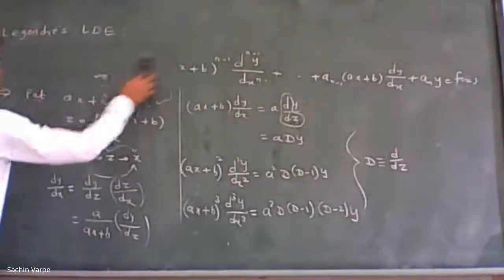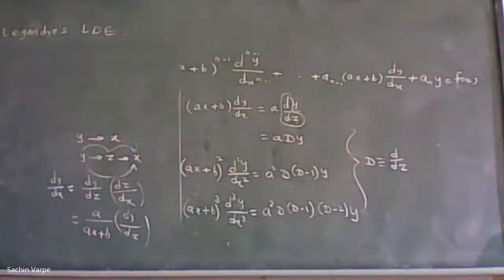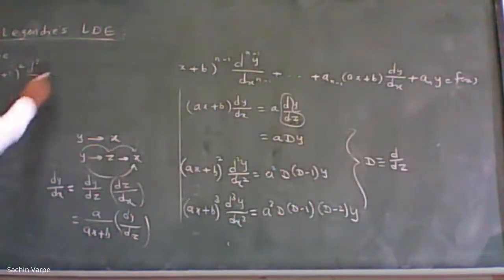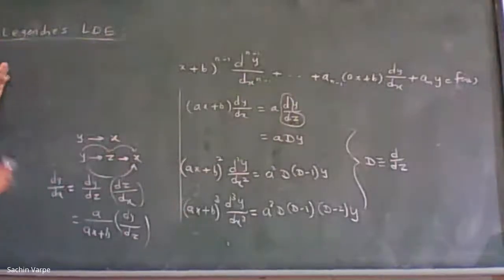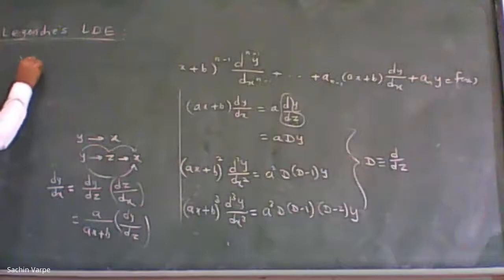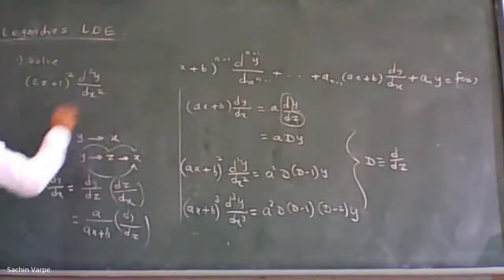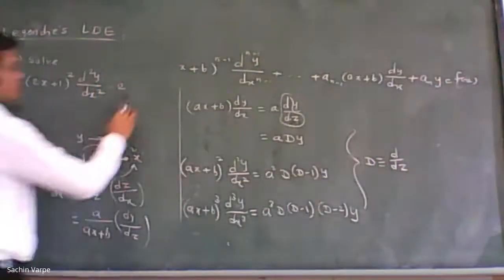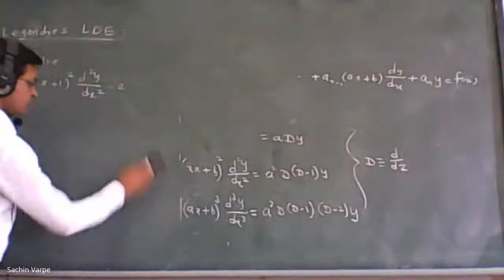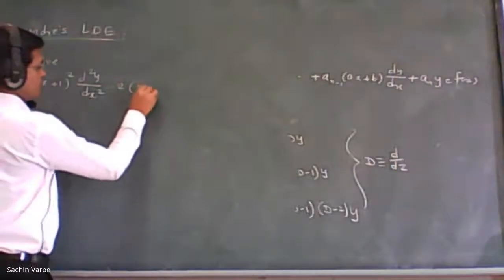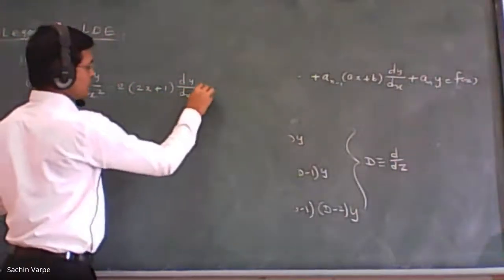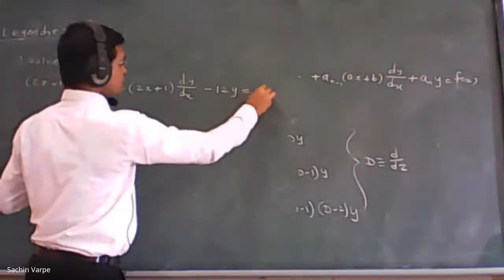So let us discuss one example. Solve 2x plus 1 square d2y by dx square minus 2 into 2x plus 1 dy by dx minus 12y is equal to 6x.